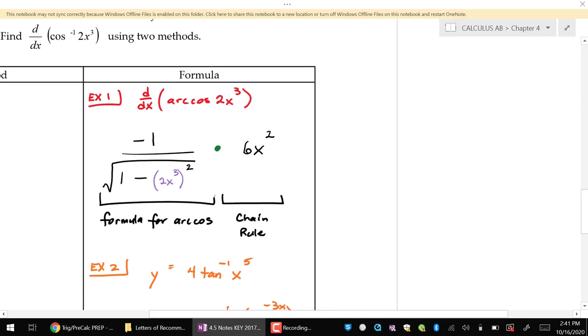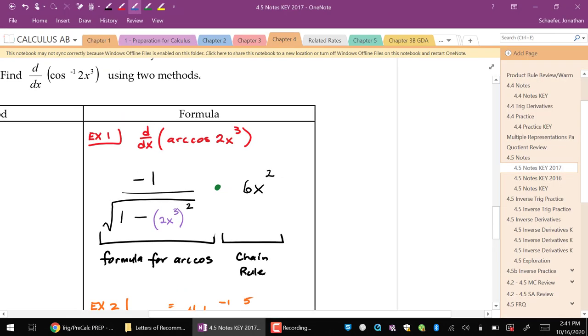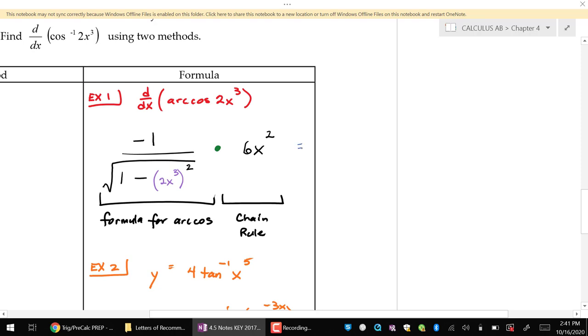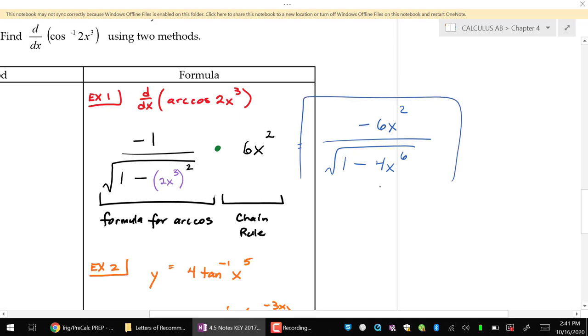Okay, and then we can just clean that up and simplify that maybe as one fraction. So how about a negative 6x squared in the numerator? All of that divided by the square root of 1 minus 4x to the power of 6. And that's my derivative of inverse cosine of 2x cubed.